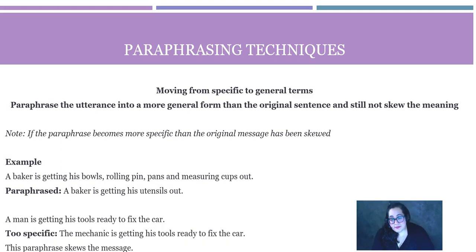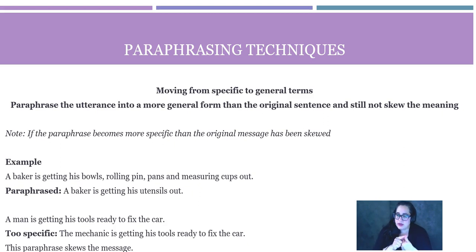On the flip side, if it goes from general to specific, you're not maintaining the meaning. Look at this example. A man is getting his tools ready to fix his car. Now, if your paraphrase says the mechanic is getting his tools ready to fix his car, how do we know that's a mechanic? Who said that was a mechanic?